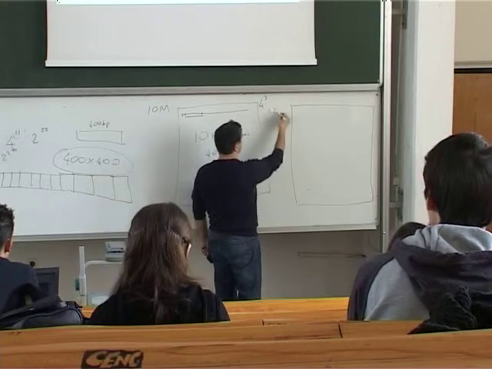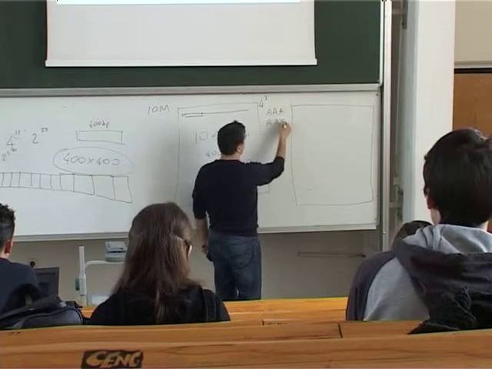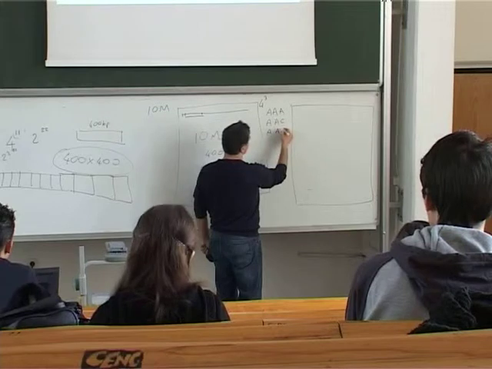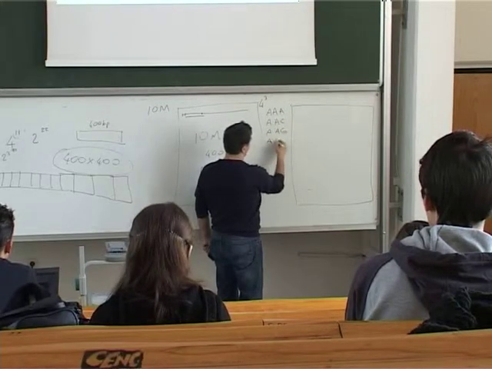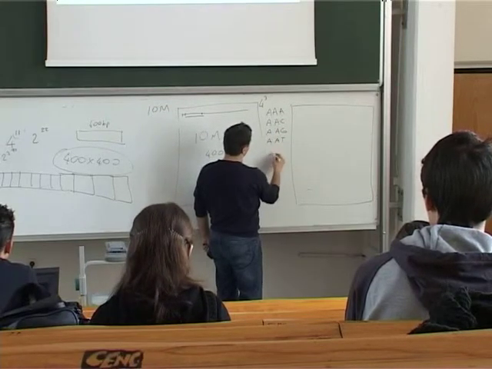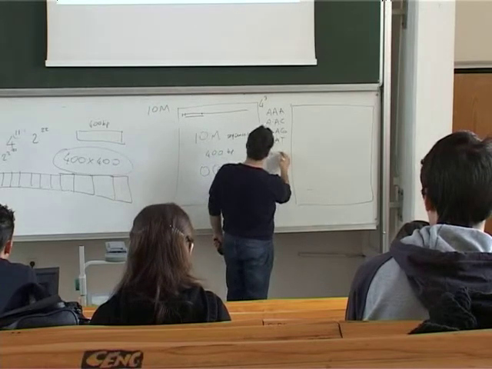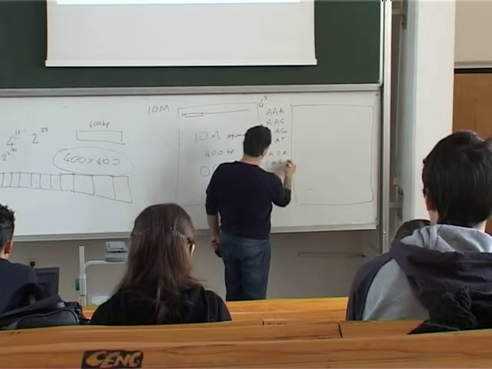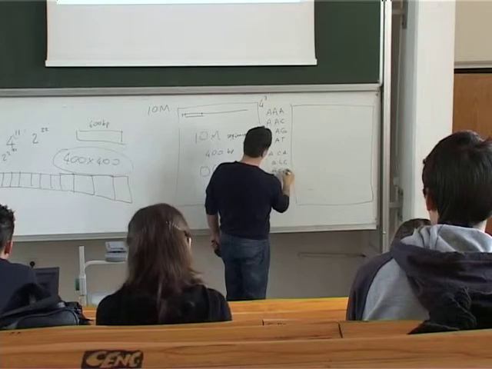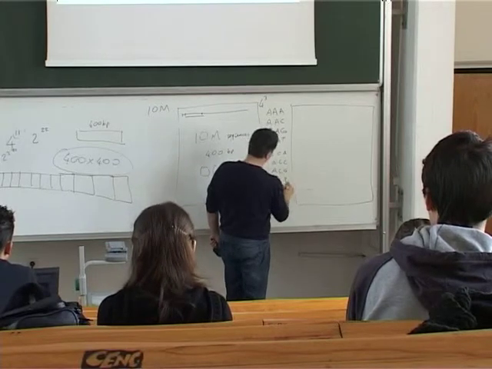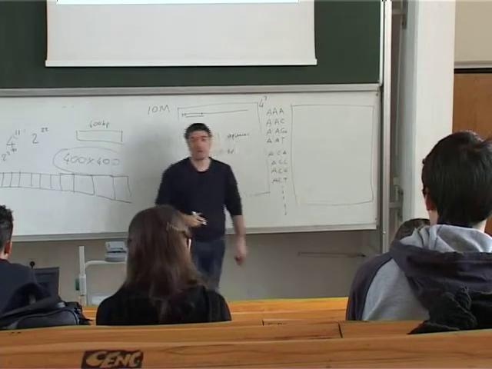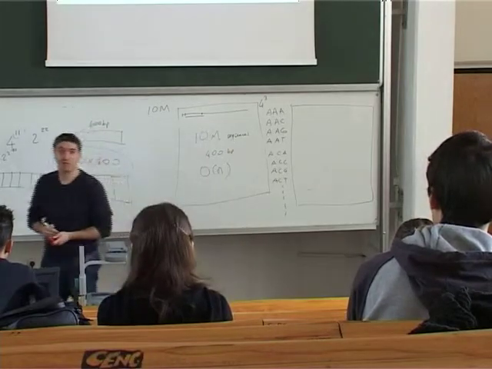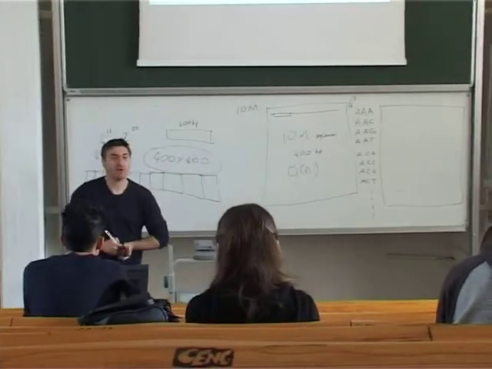So it's going to be AAA, AAC, AAG, AAT, then ACA, ACC, ACG, ACT, and it goes on like this. So your index would contain 64 rows.